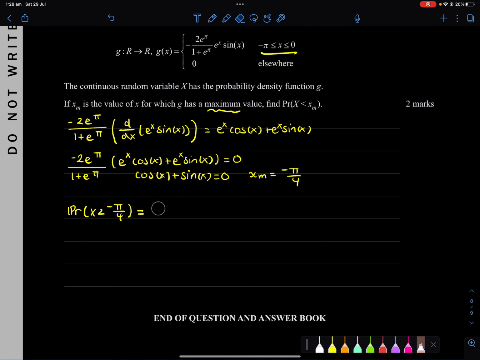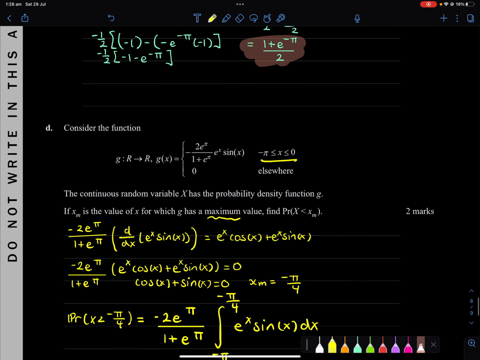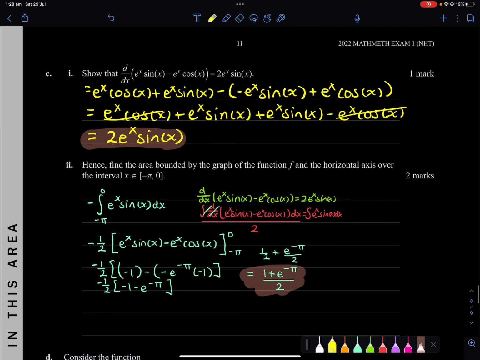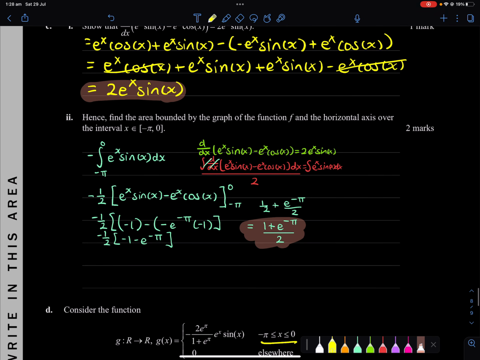So we're saying negative 2 e pi all over 1 plus e pi, integral from negative pi to negative pi over 4 of f of x, which is just e^x sin x dx, which I've already calculated the integral of e^x sin x, which was over here. Wasn't it? Yep.